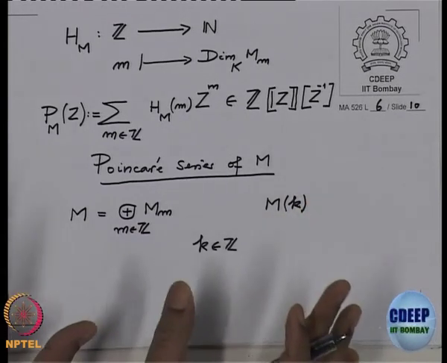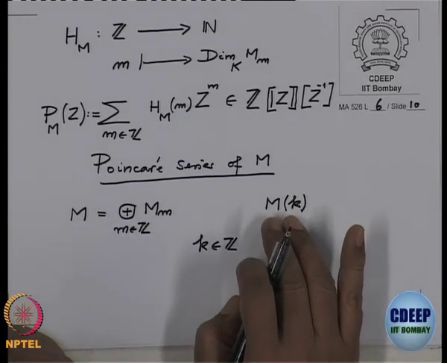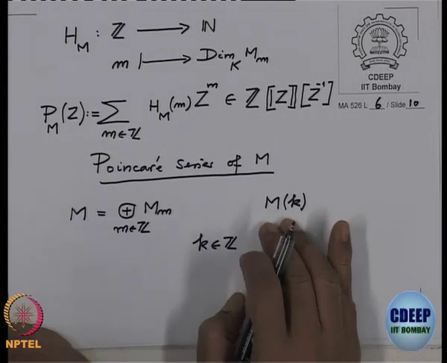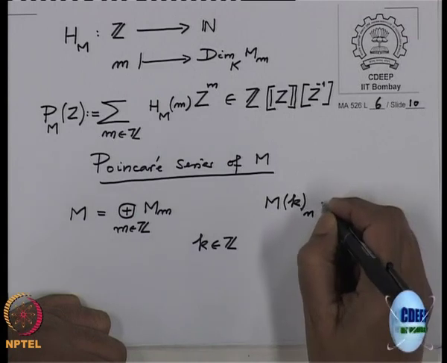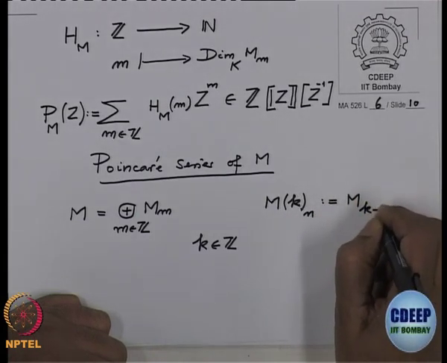This is a twist. So to define this graded module I have to give you its homogeneous components. The homogeneous component of degree n, by definition, is M_{k+n}.